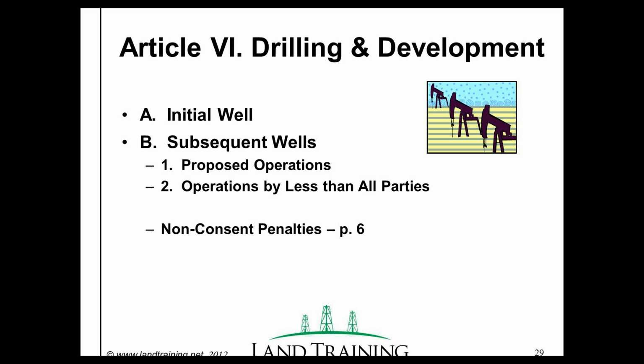What I would do, if you were a working interest owner, I would send a notice to you and to the other working interest owners, and I would say, hey, this is where I want to drill a well. I would send you the map. I would send you the plat. I would give you my reasons why we should drill the well. You then have the option to either consent, which means opt in, or non-consent, which means opt out.